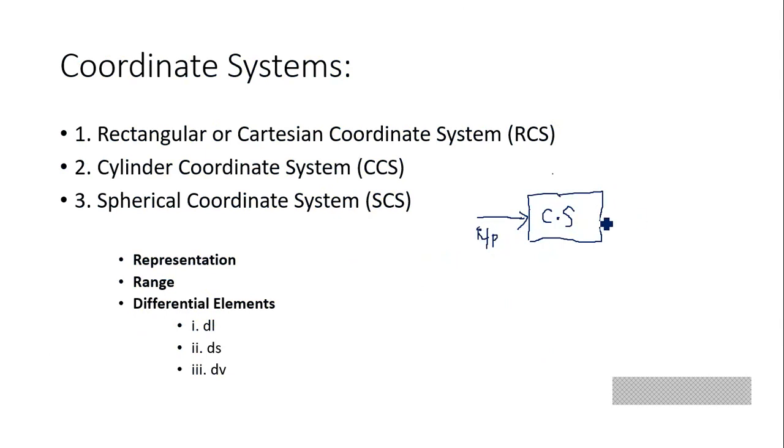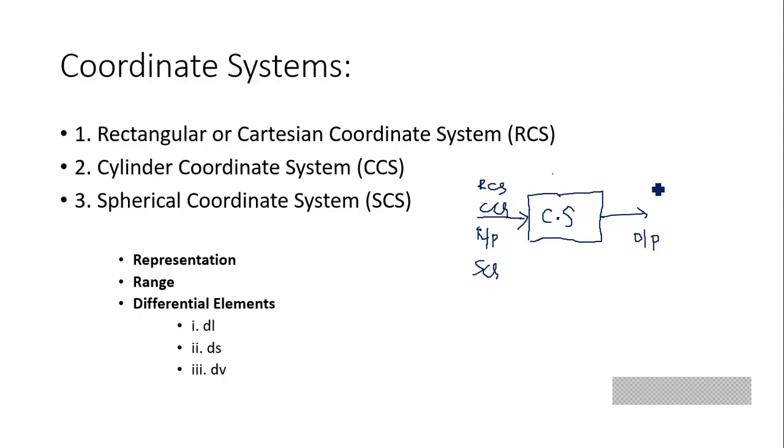Let me write it as OP, output. Now what I'm going to take as inputs are these three coordinate systems: RCS, CCS, and the spherical coordinate system. For these three coordinate systems, let me consider the input to be the same.